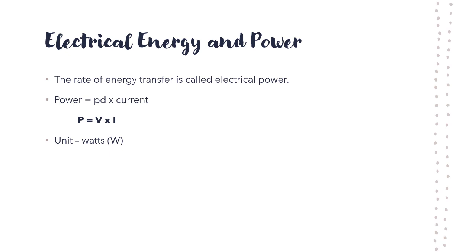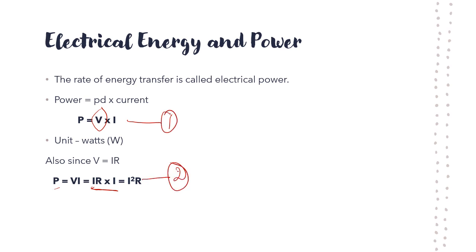Now, P equals VI, but from Ohm's law, we know that V is equal to IR, isn't it? So for the V here, if I substitute IR, then the equation changes to P equals IR times I, which becomes I squared R. So this is the second equation for power.